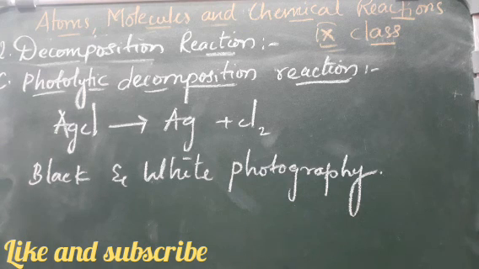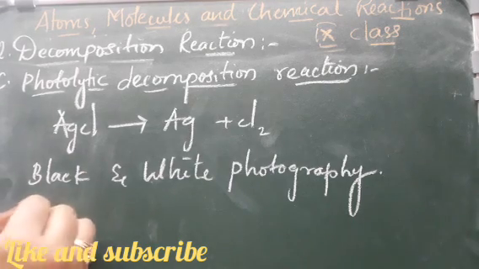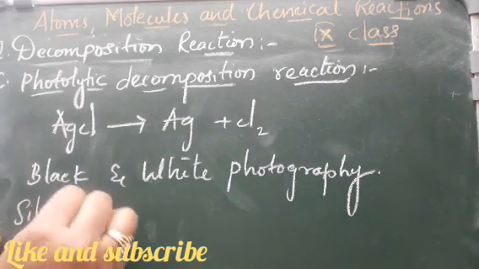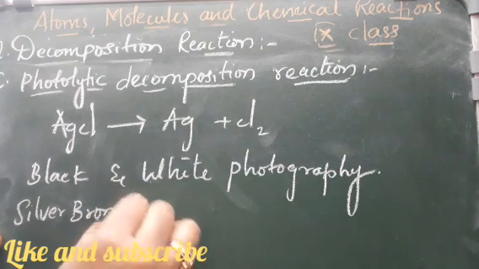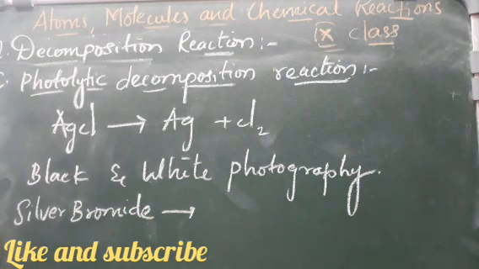And one more thing about this photolytic decomposition reaction. For example, we can take silver bromide powder, which is light yellow, yellowish green in color.